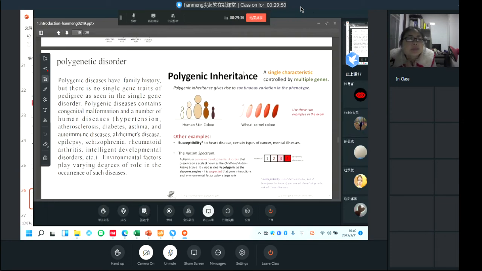And the second one is the polygenic disorder. Polygenic disease has a family history, but there is no single gene trace of category as seen in single gene disorder. Polygenic disease contains congenital malformation and a number of human diseases.